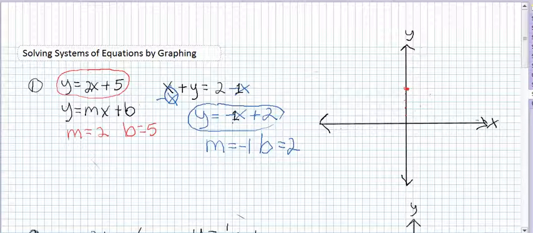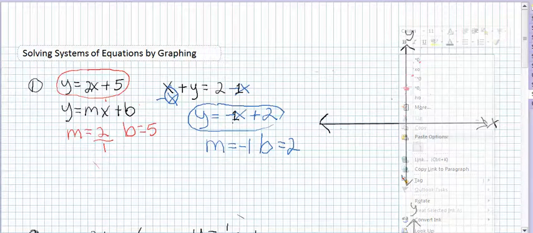And then my slope is 2, and we make it 2 over 1. So from my beginning point, we're going to go up 2 and over positive 1. You can go back down to your beginning point and go down 1, 2, and over negative 1.